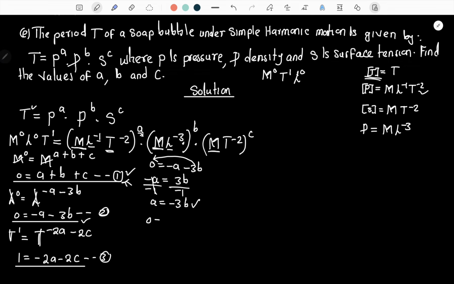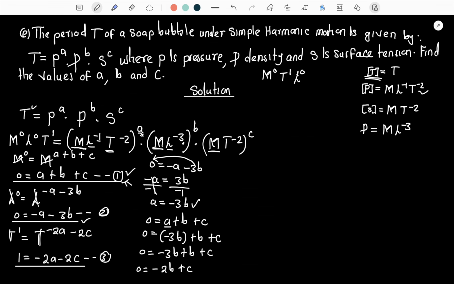So equation 1 was 0 is equal to A plus B plus C. Now, where there is A, we replace with minus 3B plus B plus C. Then we're going to have minus 3B plus B plus C. So 0 is going to equal minus 2B plus C. Okay? Like that. So this is the equation that we have.